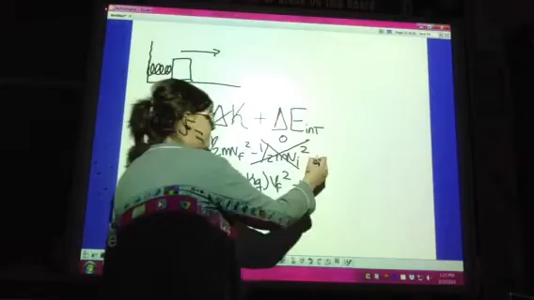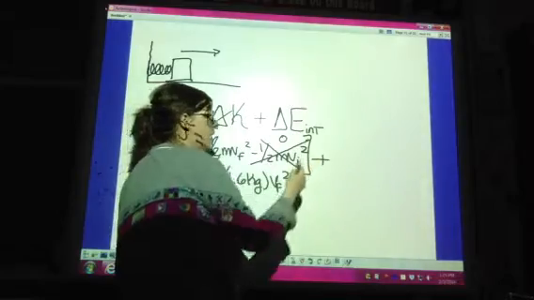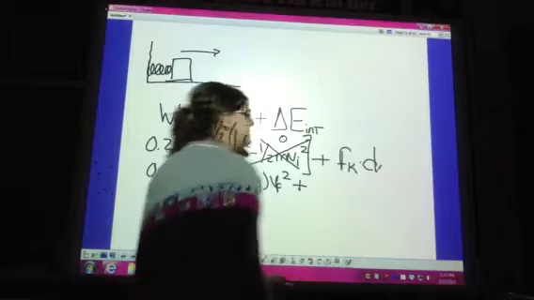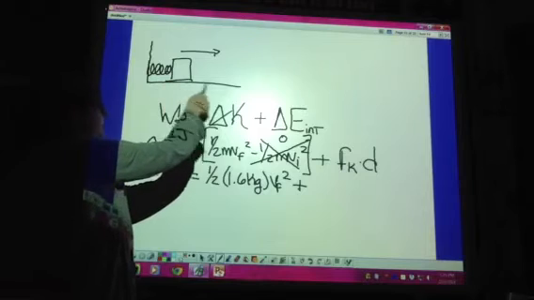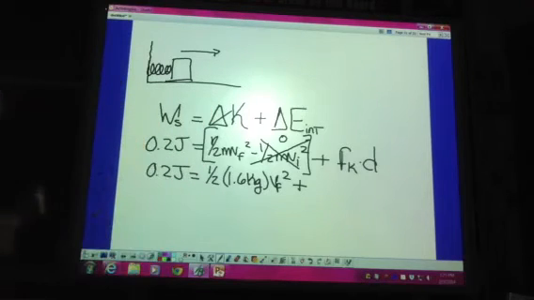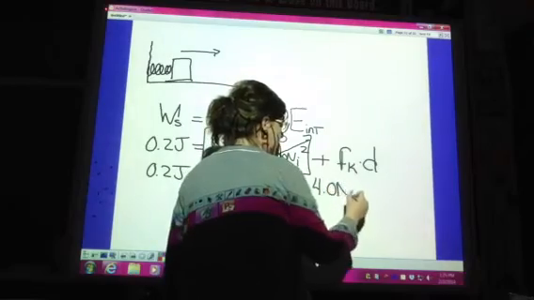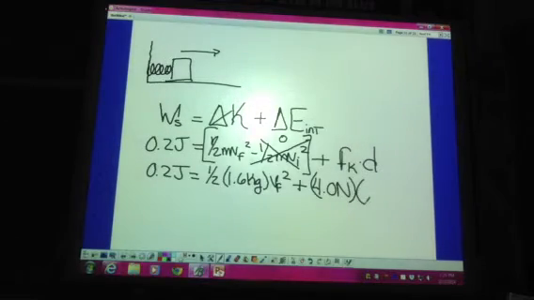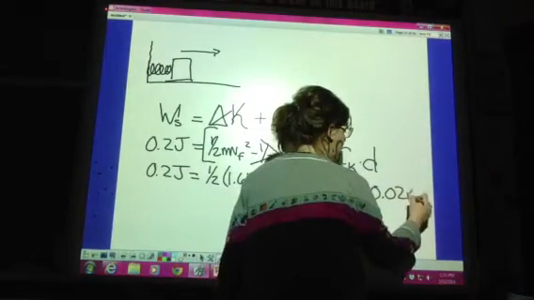And delta E, I'll put those in brackets to represent delta K. Delta E, my change in internal energy, is just the frictional force times the displacement. It's moving from where it was compressed to the equilibrium position, and they told us that the frictional force here is simply 4 newtons. They gave us that in the problem. And then we know that the displacement was negative 0.02 meters.